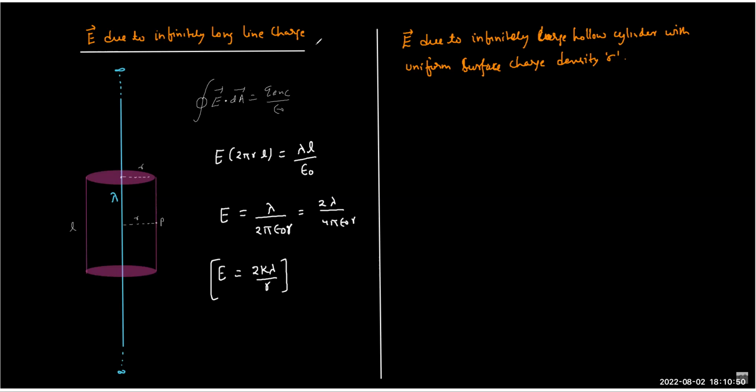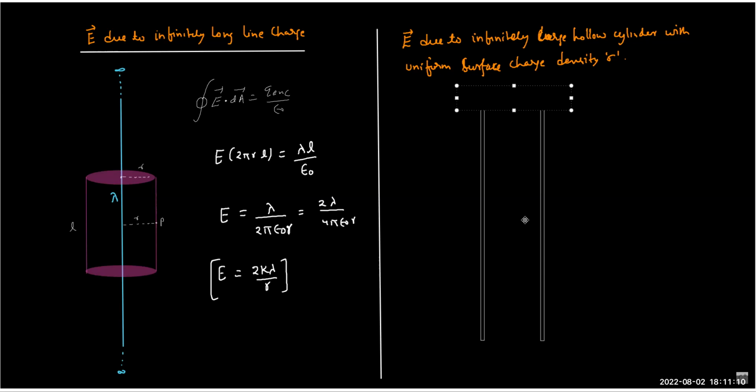Let me draw it first, how it will look. So this is an infinitely long cylinder, and sigma is the surface charge density.